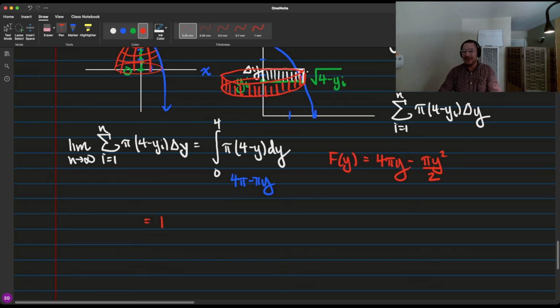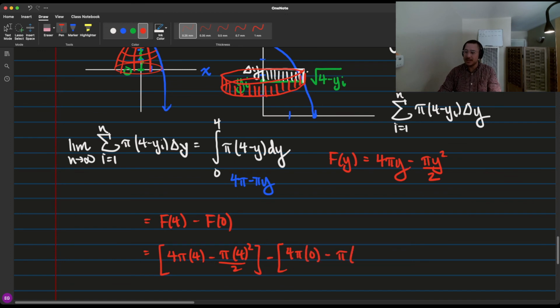Okay, so now you need f of 4 minus f of 0. Okay, this is going to be horrible. Now we've got to plug these in. So we're going to get 4 pi times 4 minus pi times 4 squared over 2, that's f of 4, minus 4 pi times 0 minus pi times 0 squared over 2. Thank God for all those zeros.